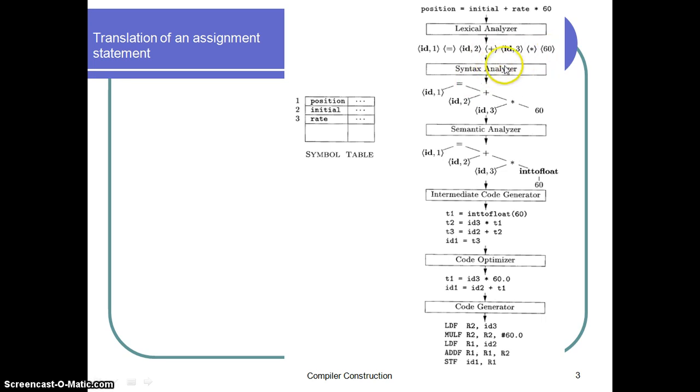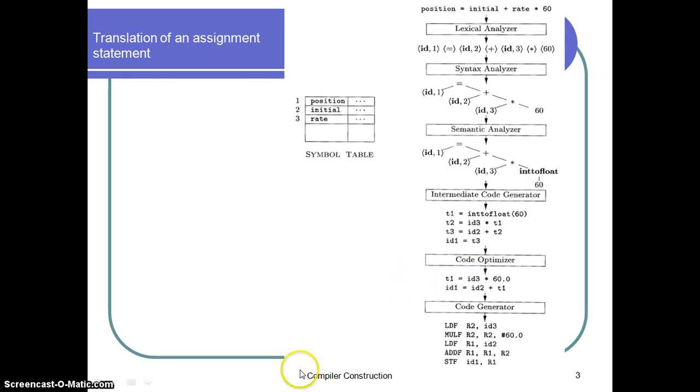The syntax analyzer makes the tree representation for those tokens, and in the semantic analyzer, for the 60 it gives the meaning, that is integer to float. The intermediate code generator will represent the 3 address code for that tree.